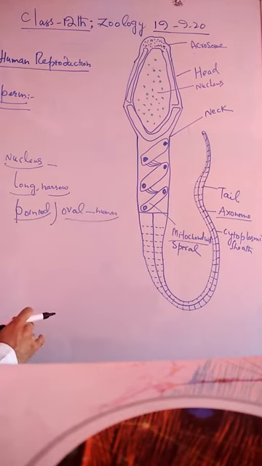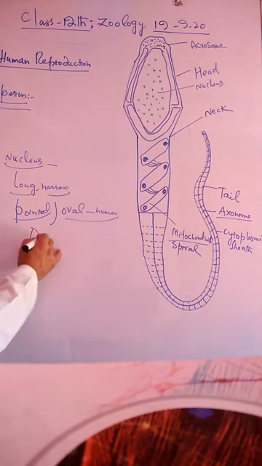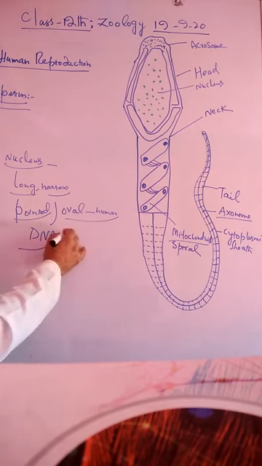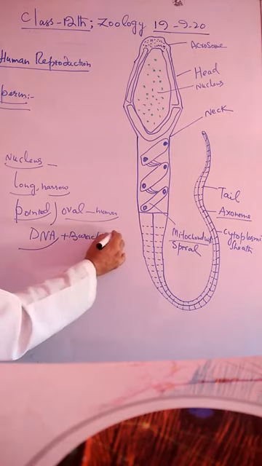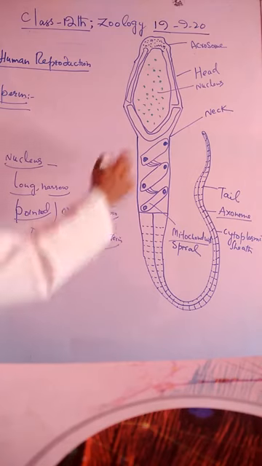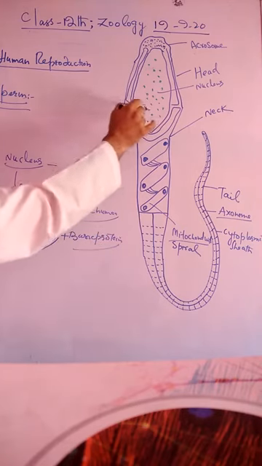It is formed by condensation of nuclear material of the spermatid and loss of ribosomal nucleic acid, that is RNA, nucleoli and histone proteins. Chemically, the nucleus is formed of DNA, deoxyribonucleic acid, and there are some basic proteins present in the nucleus.